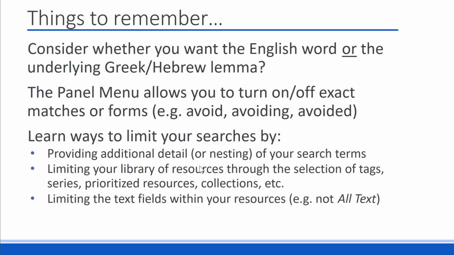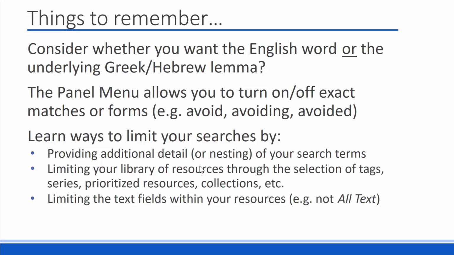The other thing that you want to do is learn ways to limit your searches by providing additional detail or nesting your search terms, limiting the library of resources through which you're doing the selection, and you can use tags or series or prioritize resource collections. That's a very, very powerful and important way that you're going to limit your searches to the area that you really want to nail.